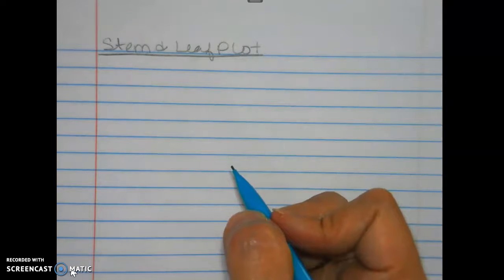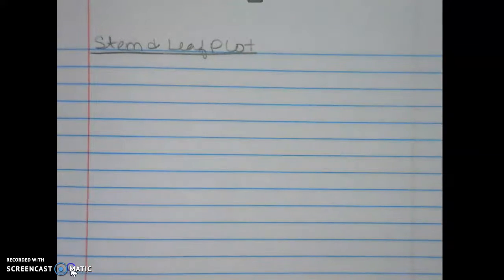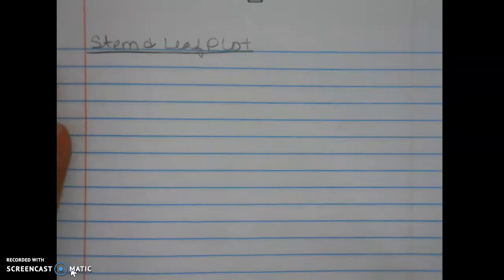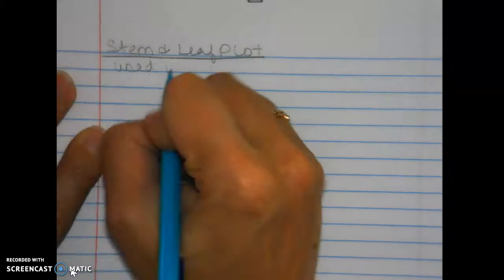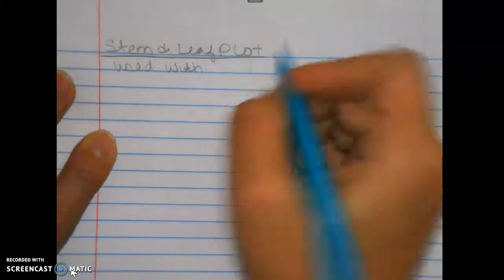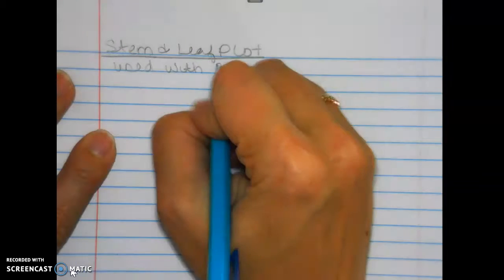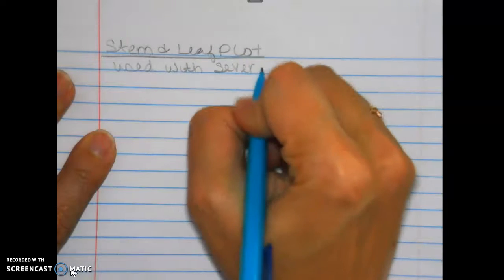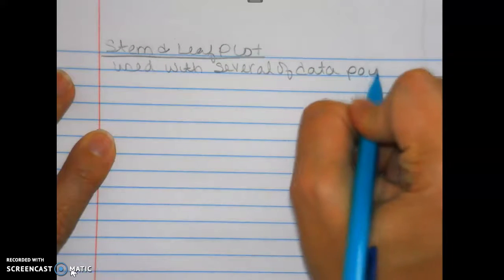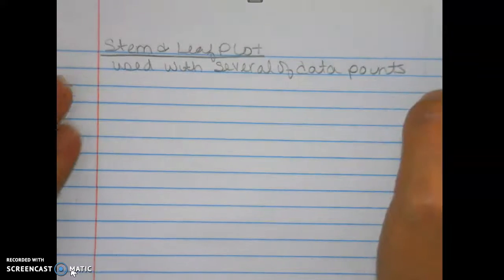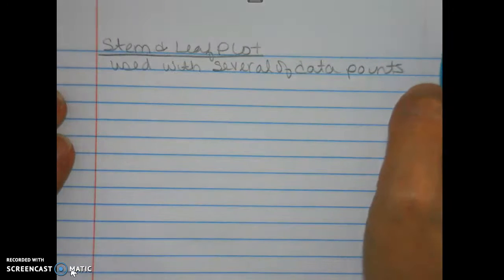So a stem and leaf plot is used with several or a lot of data points, okay? And it is a way to group it. I'll give you an example here.